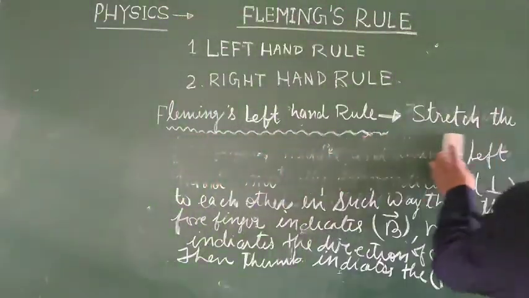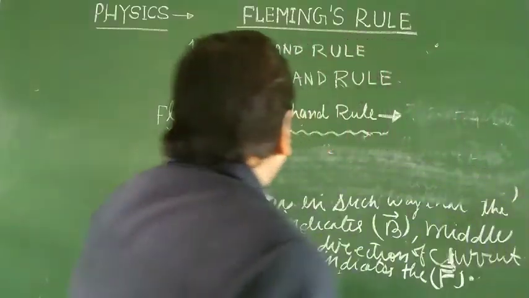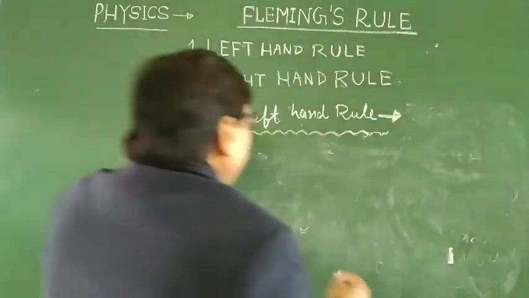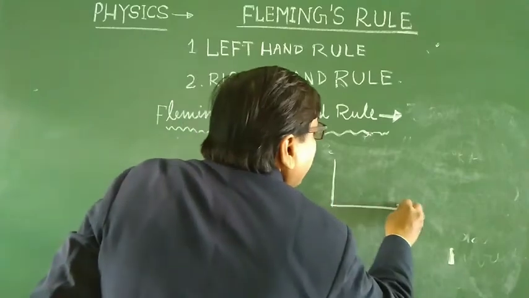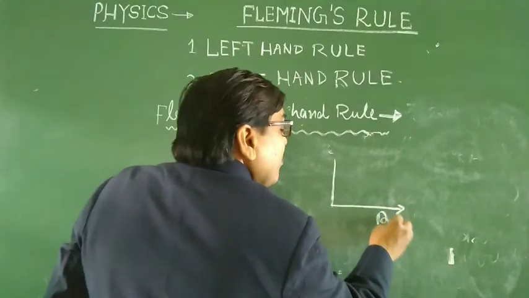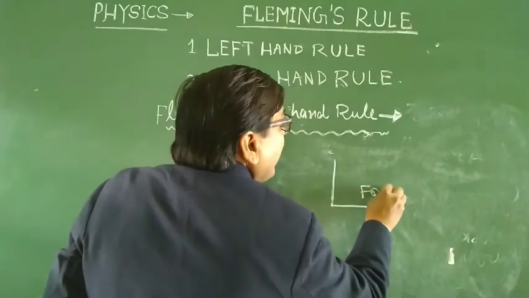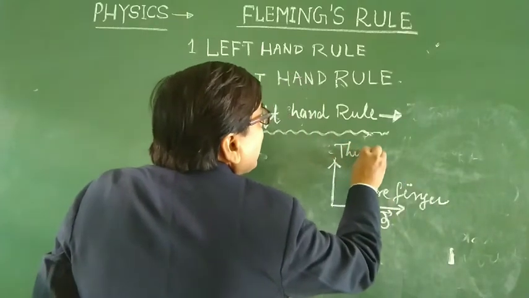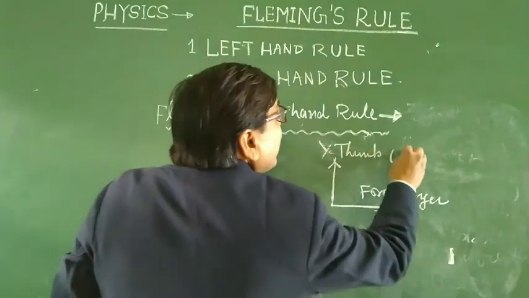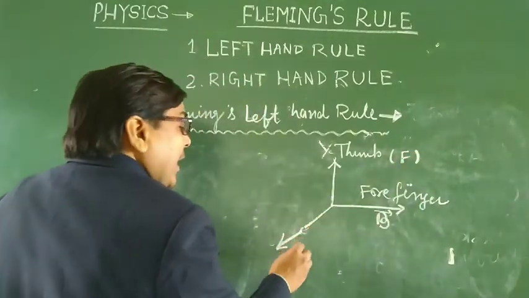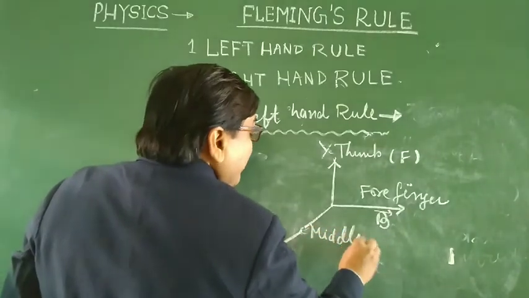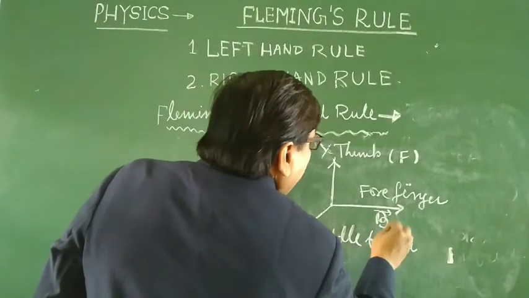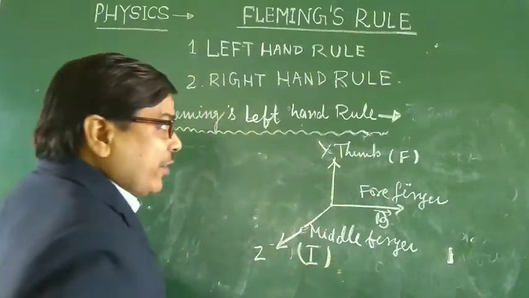So diagrammatically we can write it like this. Supposing the x-axis represents the B field, that is the forefinger, and the y-axis is the thumb, this is the force, and this is the middle finger, supposing z-axis, this is the direction of current.